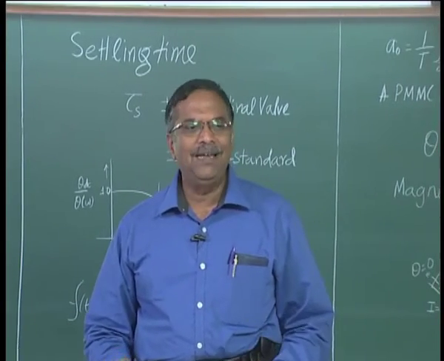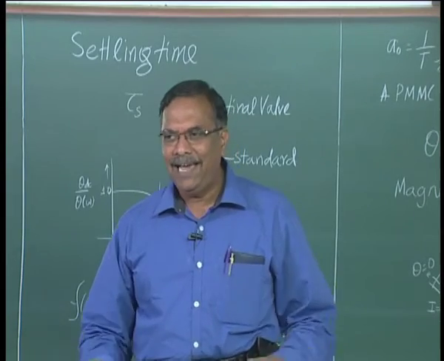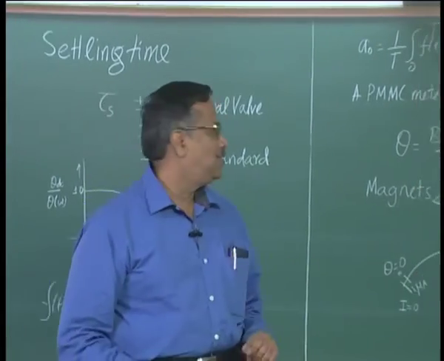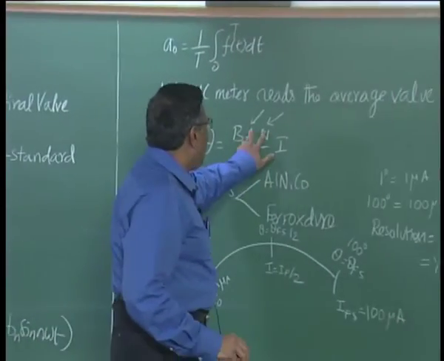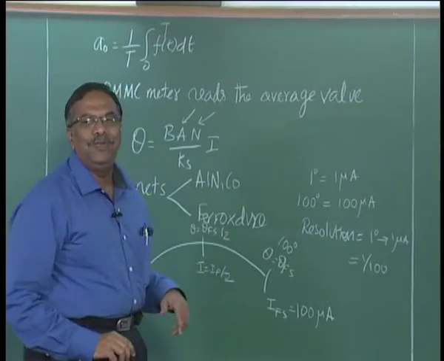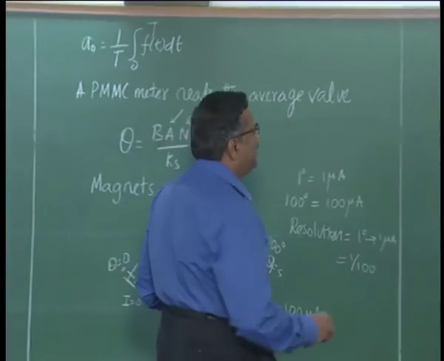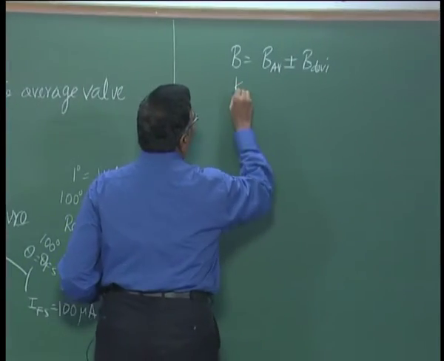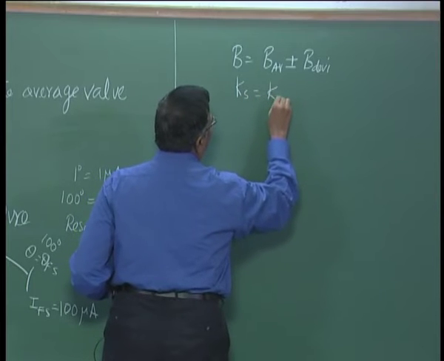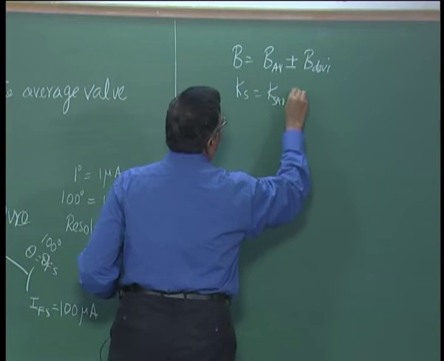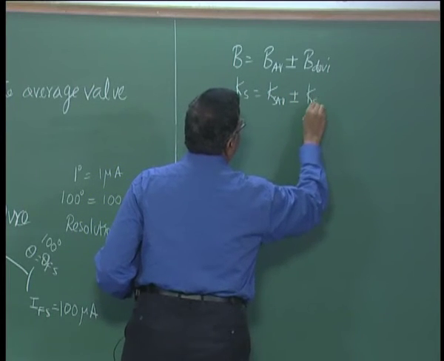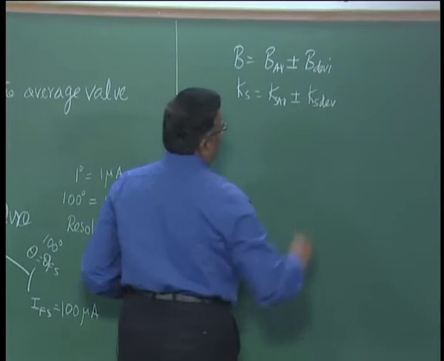If I want to make it exactly 5 centimeter square, I can make it 5 centimeter square. So A and N will not be a problem, but Ks again would be a problem. When I make springs, Ks again would have some average value, Ks average value plus some deviation.